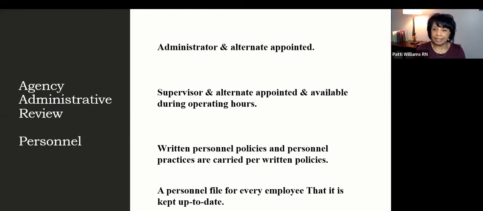And it is very simple, but everyone should have a personnel file. The agency director, all of those people, everyone that's employed that does anything should have a personnel file. Now, sometimes when an agency is getting started, the agency director will say to me, because there's a lot of places on the application that the agency director needs to validate or sign.